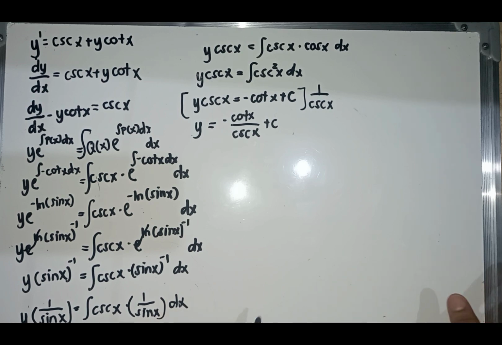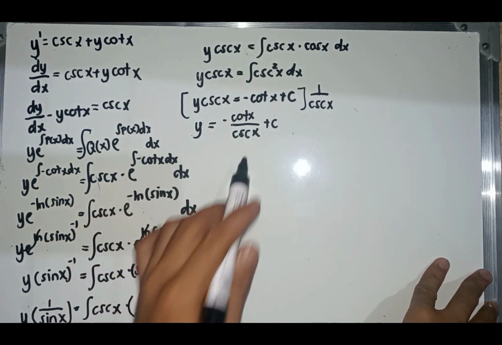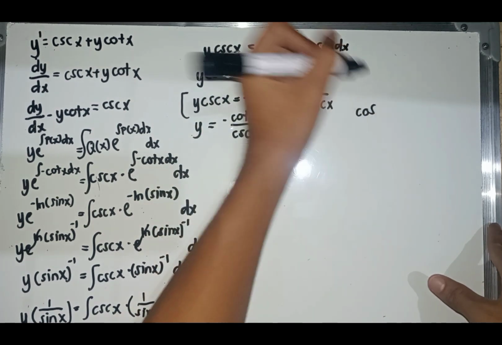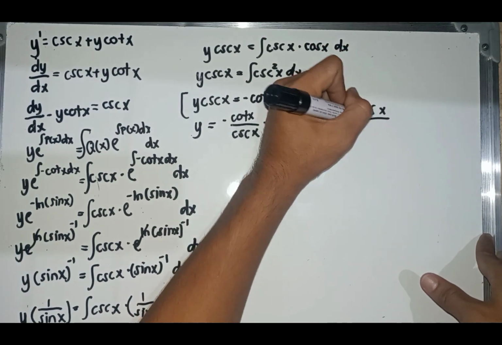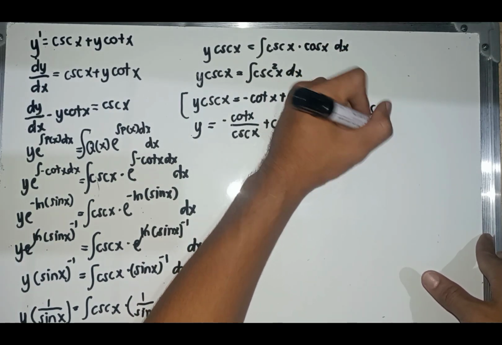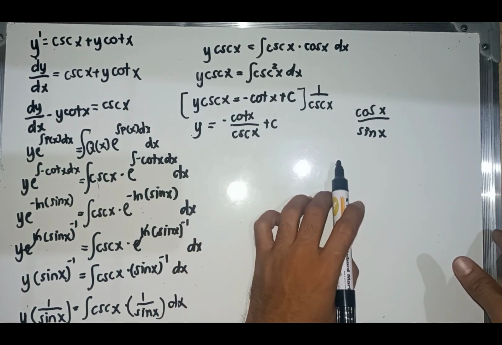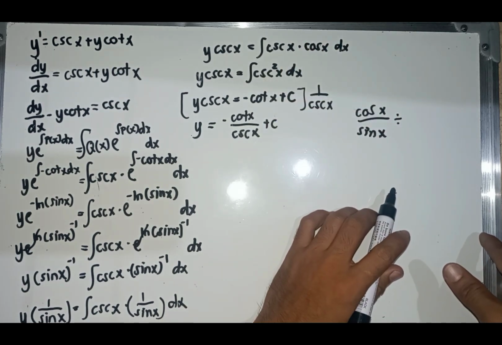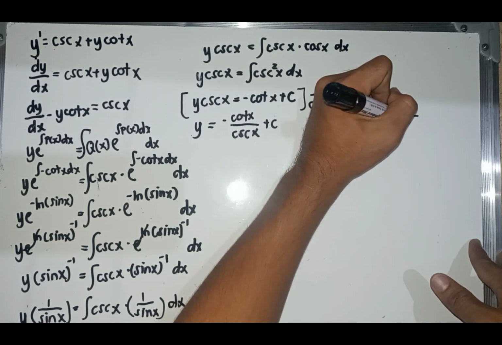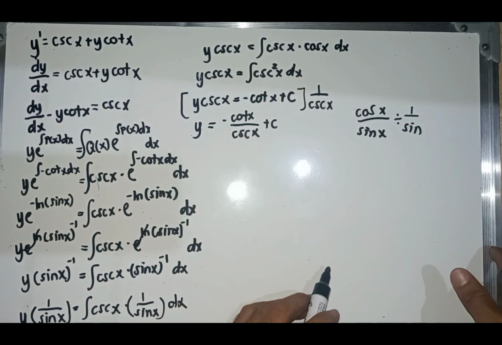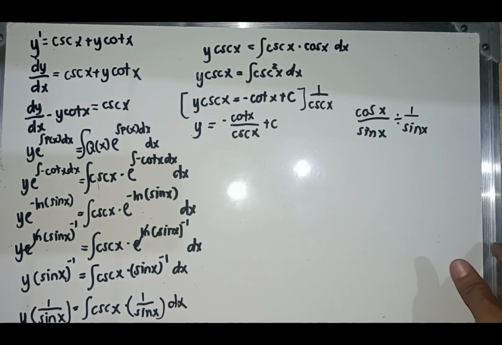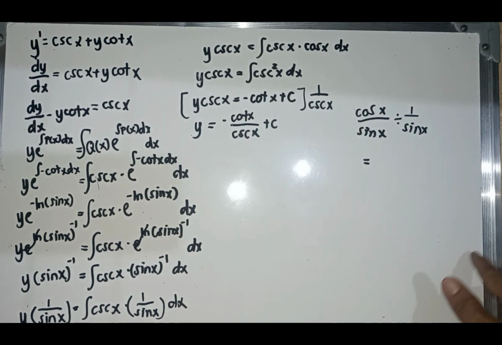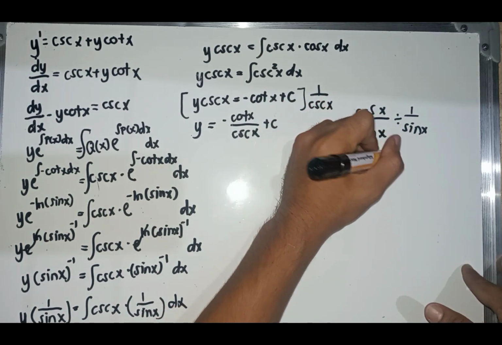As for the identity of cotangent, we have cosine of x over sine of x, and for the identity of cosecant, we have 1 over sine x. We can cancel that out, and it is equal to cosine of x. For our y, sorry, I forgot that the c should also be divided by cosecant of x.